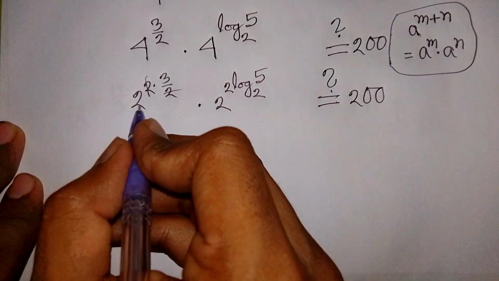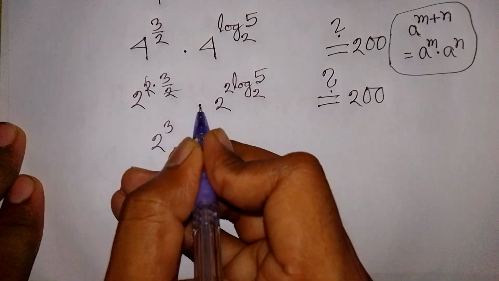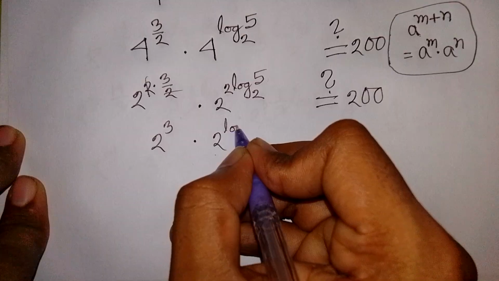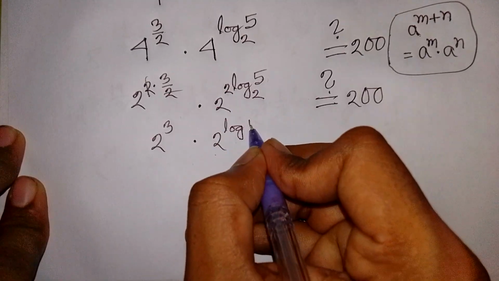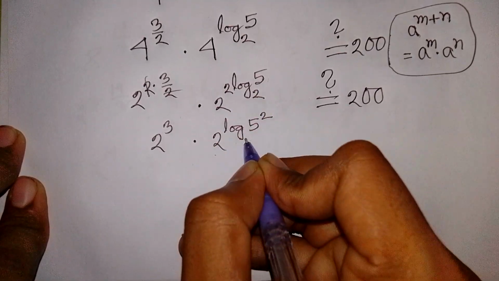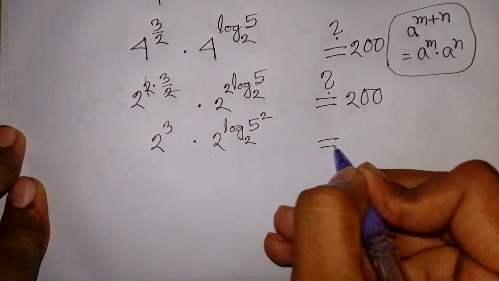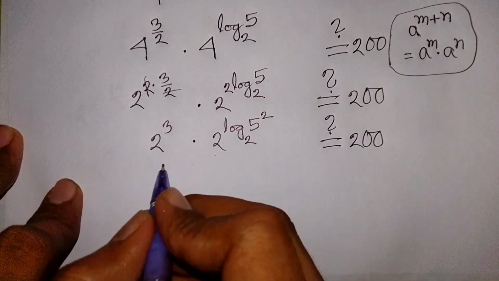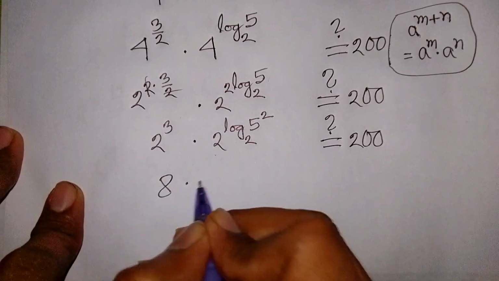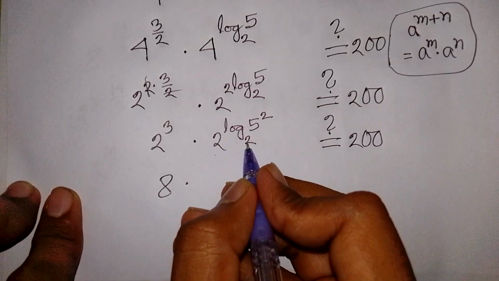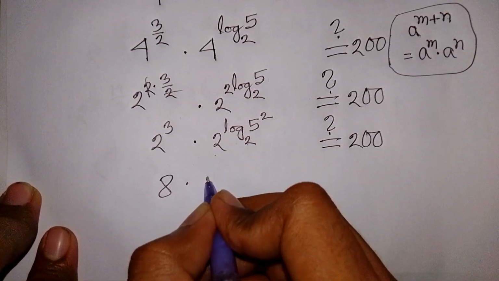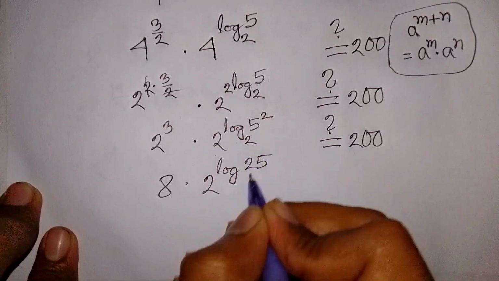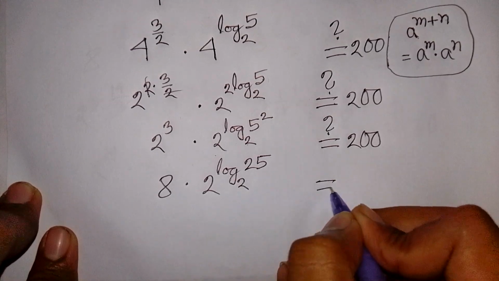So we have 2 power 3 times 2 power of 2 log 5 base 2, which is the same as log 5 power 2 base 2. Is it equal to 200? Now 2 power 3 is the same as 8 times 2 to the power log 5 square base 2. So 2 power of log 5 square is the same as 25 base 2. Is it equal to 200?